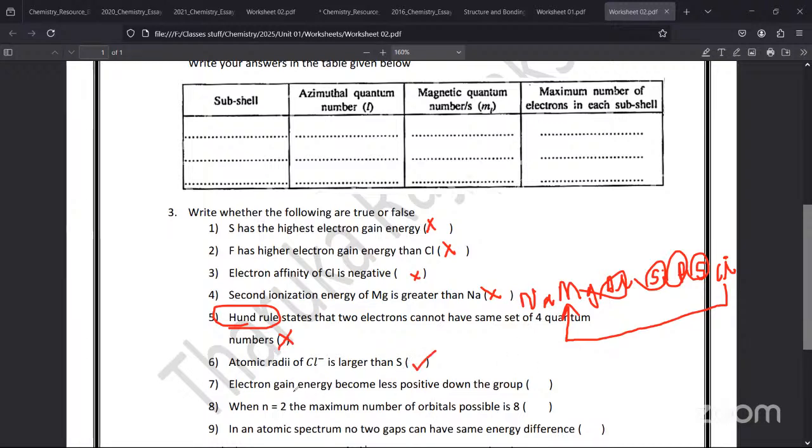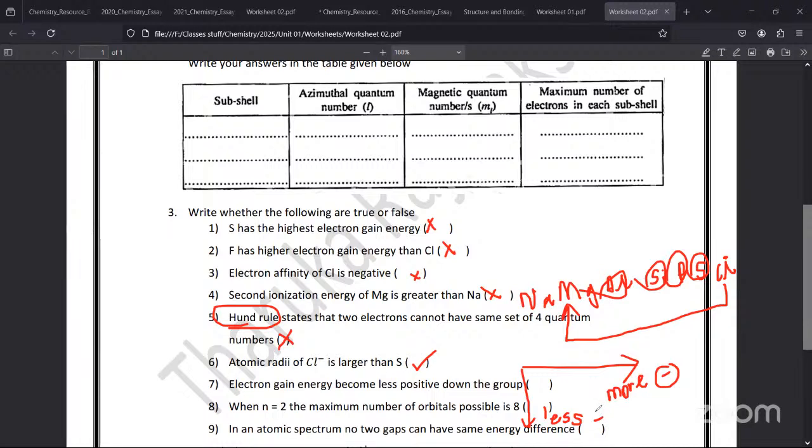The next one: electron gain energy becomes less positive down the group. Electron gain energy is going to be more negative across the period, and down the group it's going to be less negative.